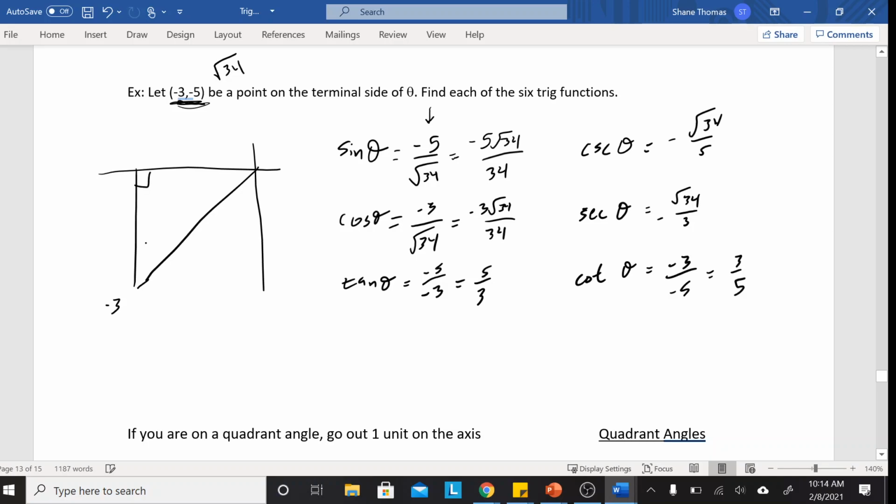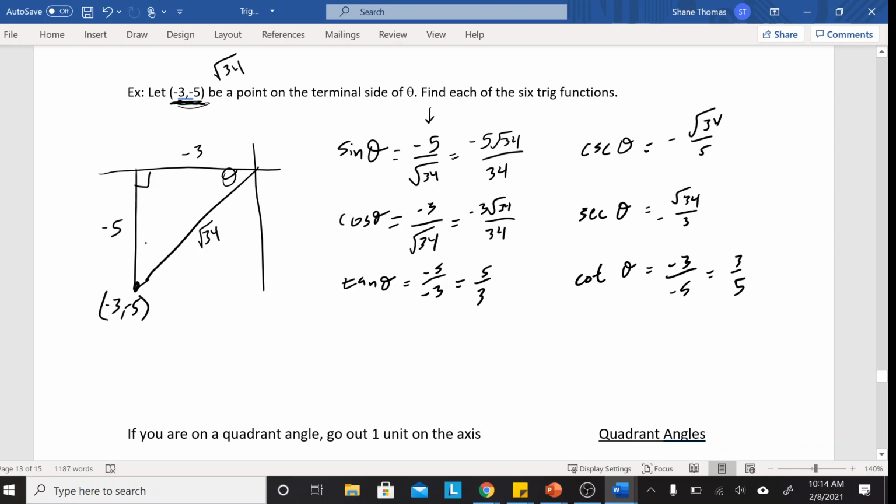And this would be my point, (-3, -5). If that's the case, this value here would be -3. This value here would be -5. This value will be √34. This is my reference angle here.